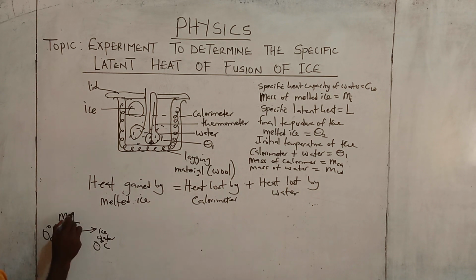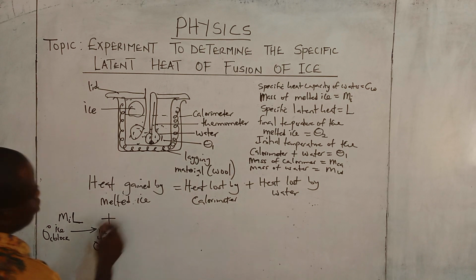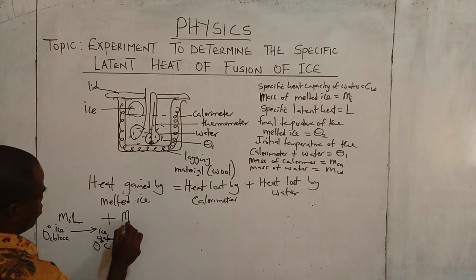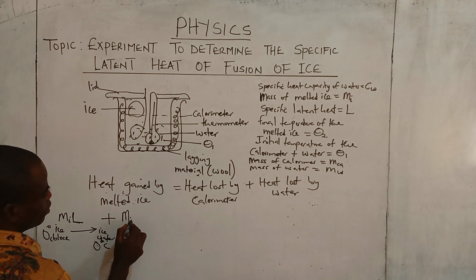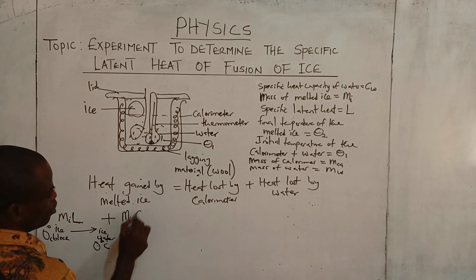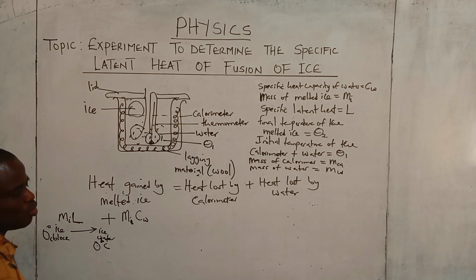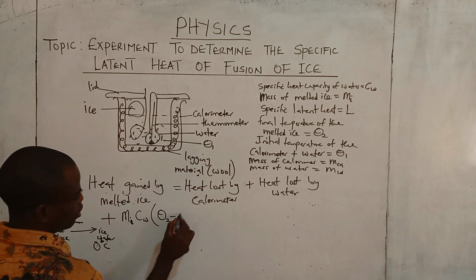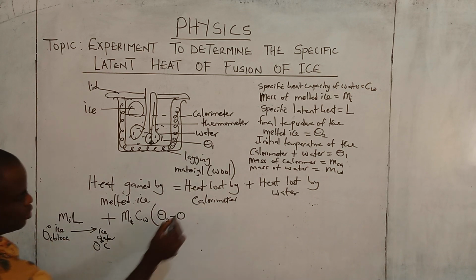There will be mL, no change in temperature, plus now when you start gaining more heat, turn to Mi, mass of ice, specific capacity of the water, it has turned to water, theta2 minus 0, because coming from 0.